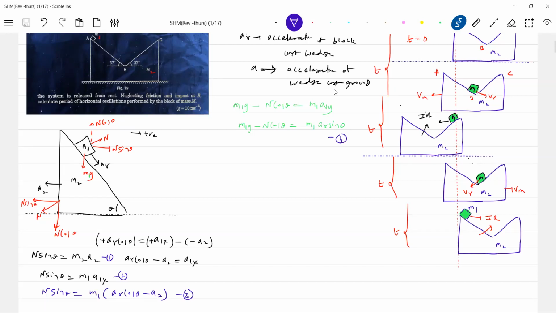Solving 1, 2, 3, 4, we'll get expressions for N, A2, and AR.